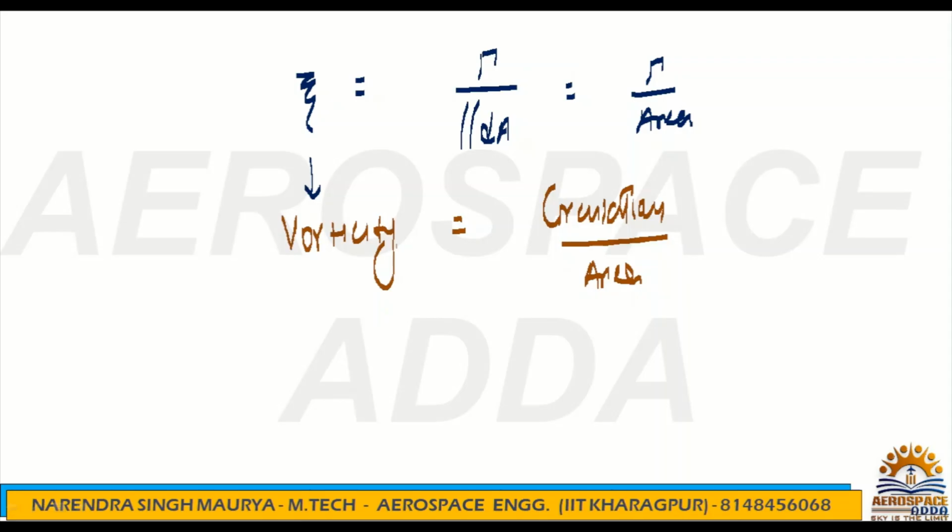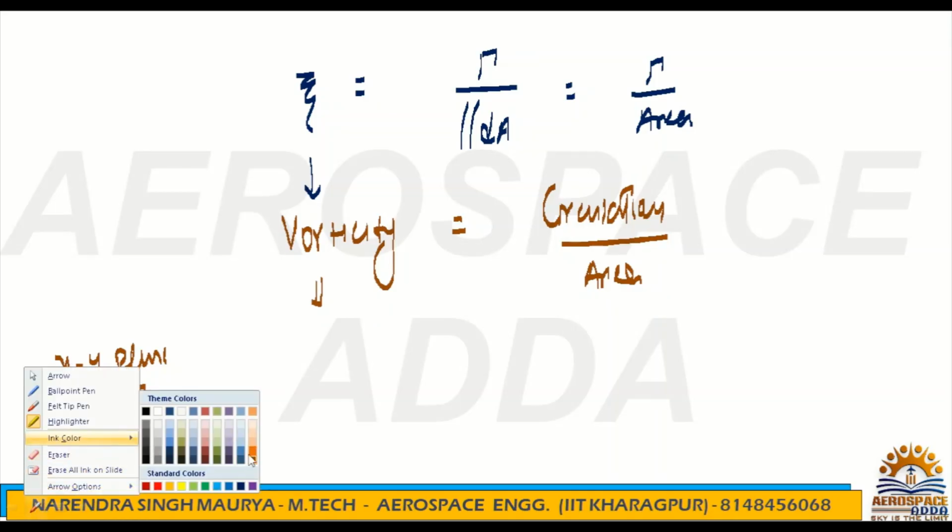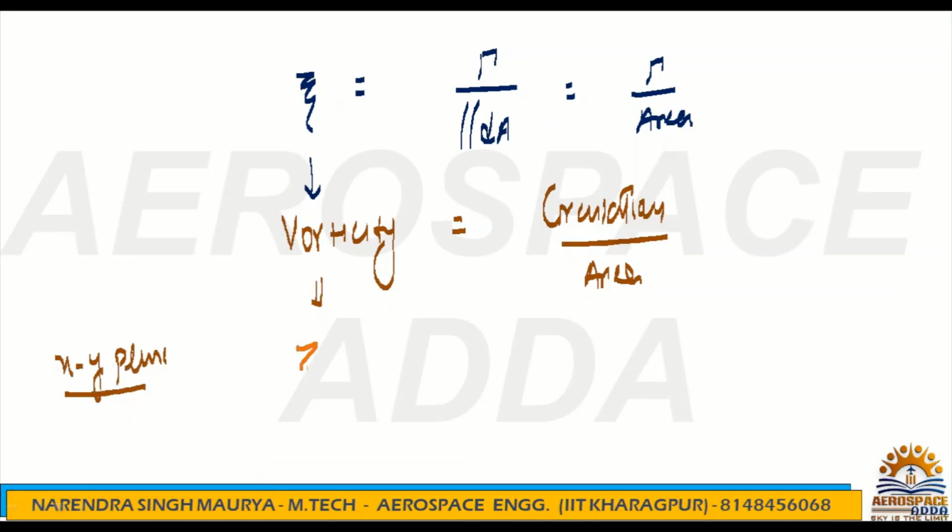Now if you remember the formula of the vorticity, what was the formula? Can you tell me for the xy plane? Anybody, if you remember, can you tell me for the xy plane what was the vorticity? Xi value, anybody? For the xy plane this will be xi z. What is the xi z?